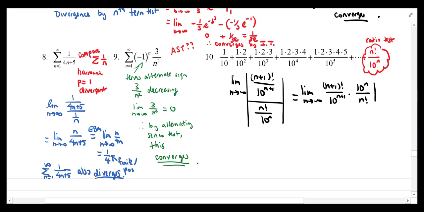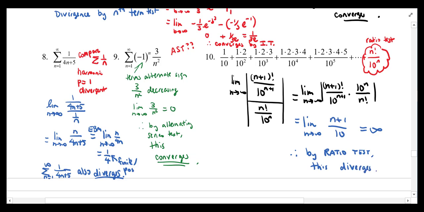And then let's do some simplification. n plus 1 on the top, just a factor of 10 on the bottom. When I take the limit as n approaches infinity, this just becomes infinity. So therefore, by the ratio test, you bet this diverges.